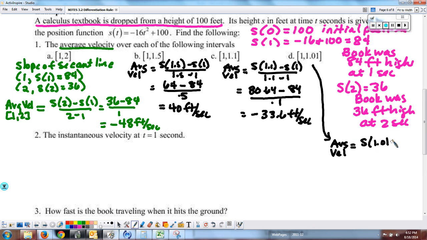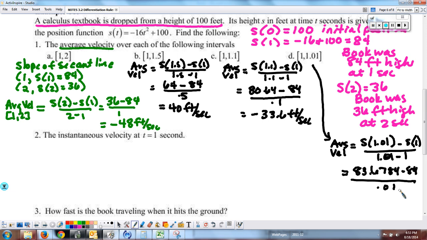S of 1.01 minus S of 1 all over 1.01 minus 1. So we're going to end up with that one. 83.6784 minus 84 all over 0.01.